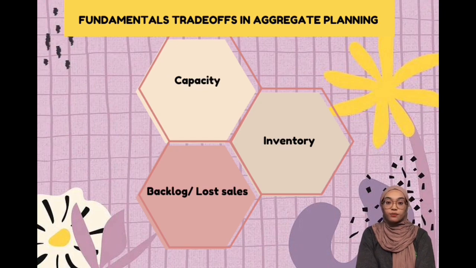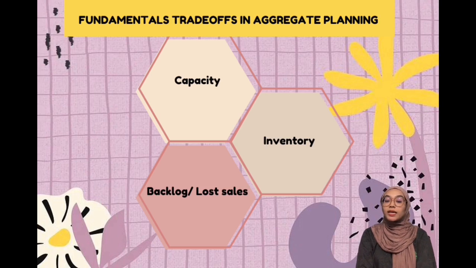The trade-off related to inventory in aggregate planning involves managing the level of stock on hand. Building and maintaining inventory provides a buffer to meet fluctuating demand, ensuring that products are available for customers even during peak periods.